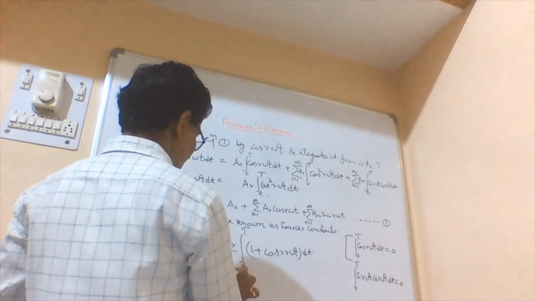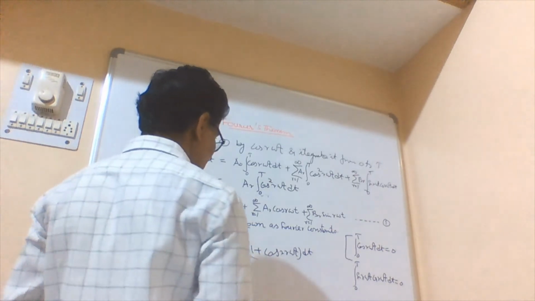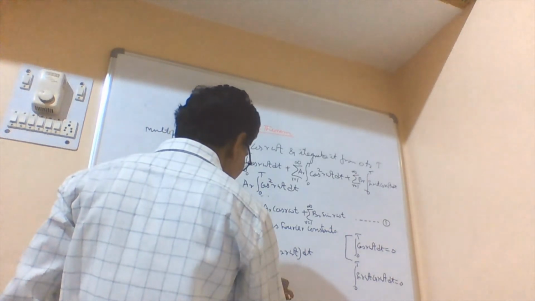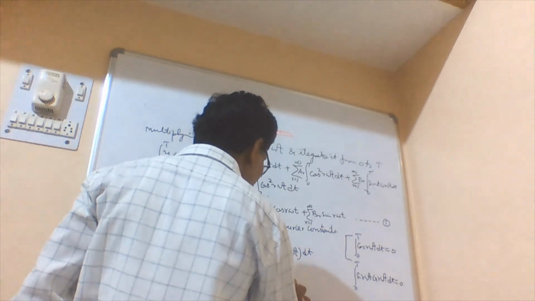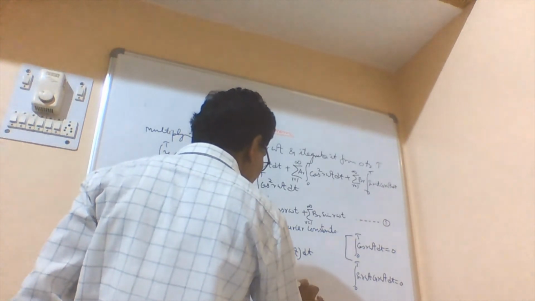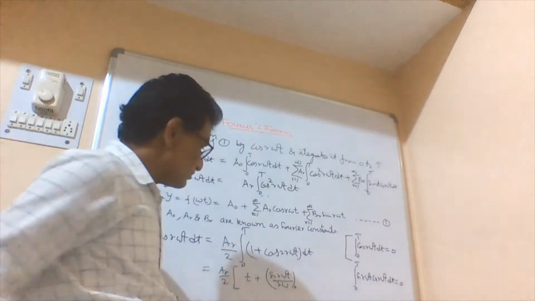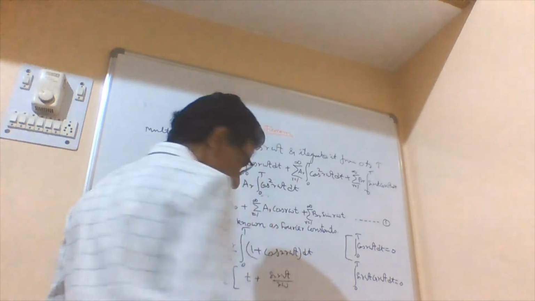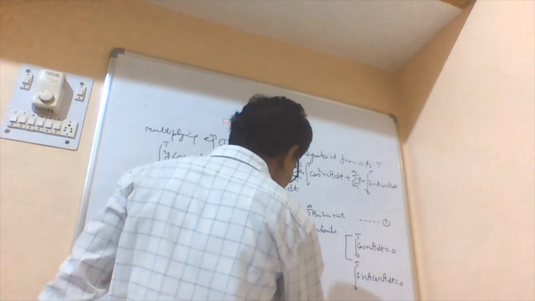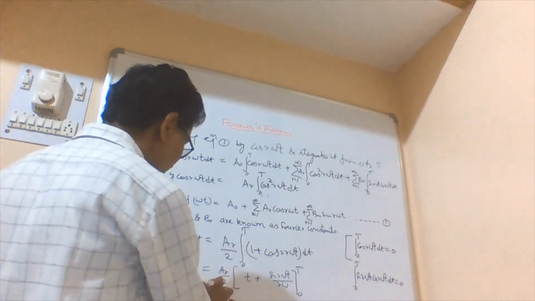ar by 2, the integral of 1 is t, and the integral of cos rωt is sin rωt divided by rω, from 0 to T, like this one. Let us solve this.